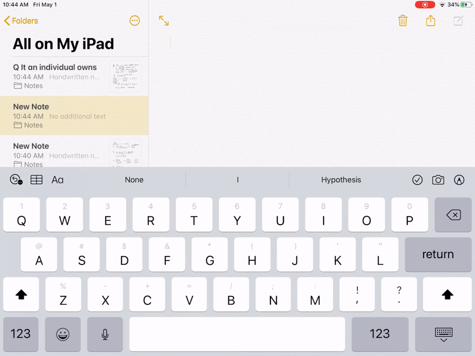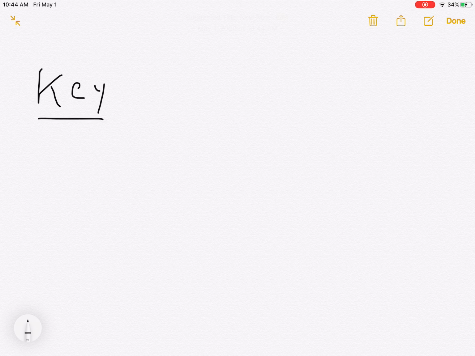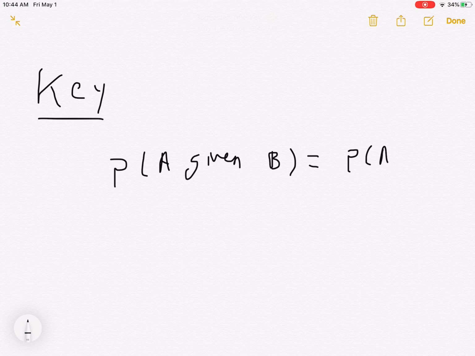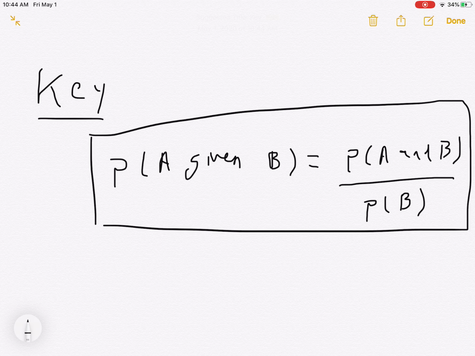And here's the key point. Probability of A given B is going to be the probability of A and B, probability of cat and dog, divided by probability of cat, which is B. Okay, this is your conditional probability.